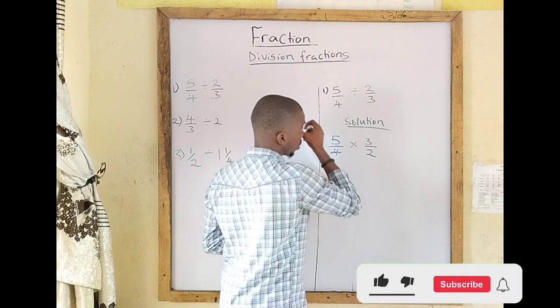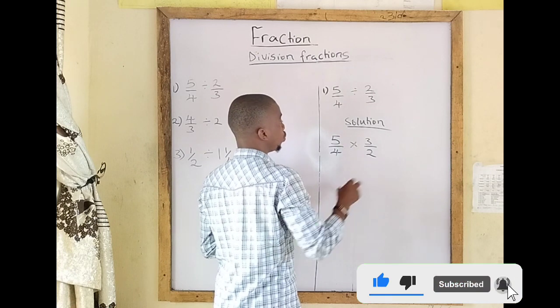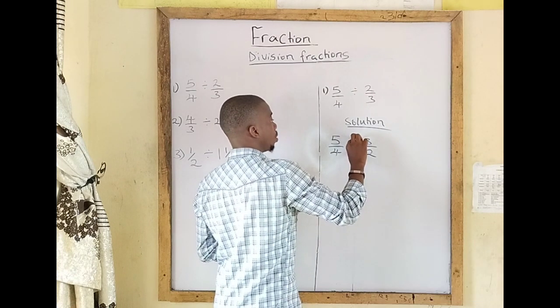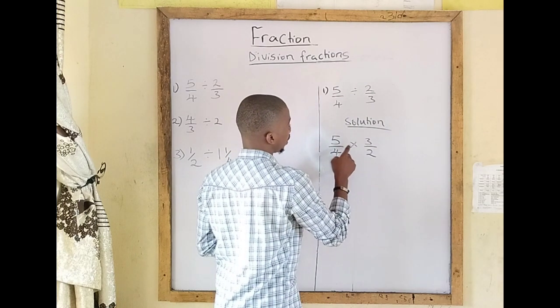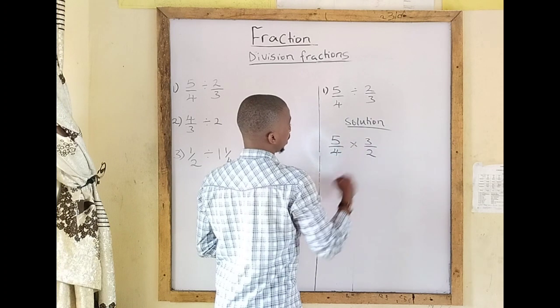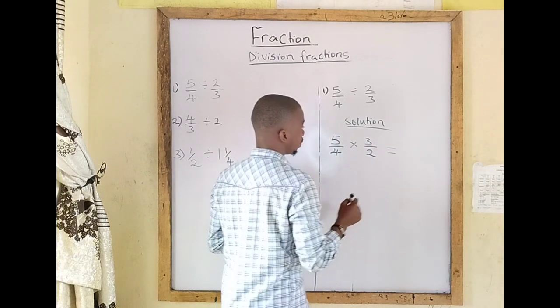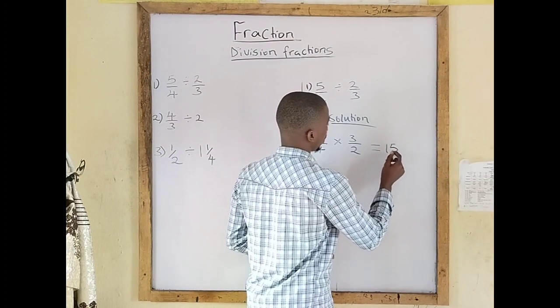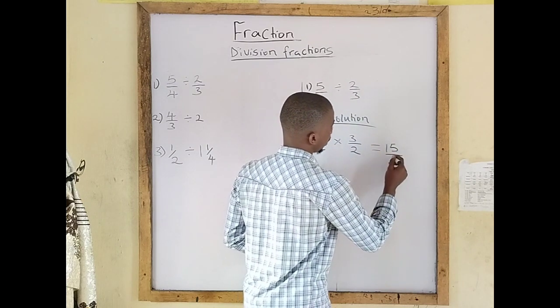The fraction will be inverted, and doing so the sign will change to multiplication. So we multiply this, 5 times 3 is equal to 15, and 4 times 2 is 8.